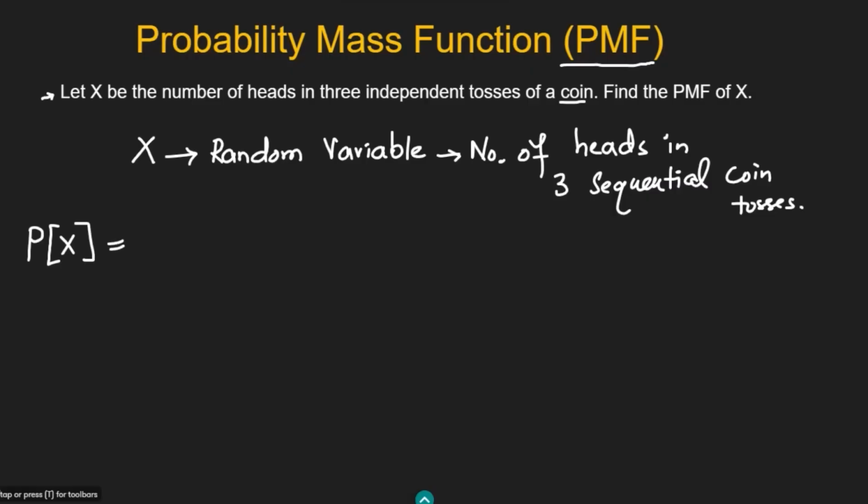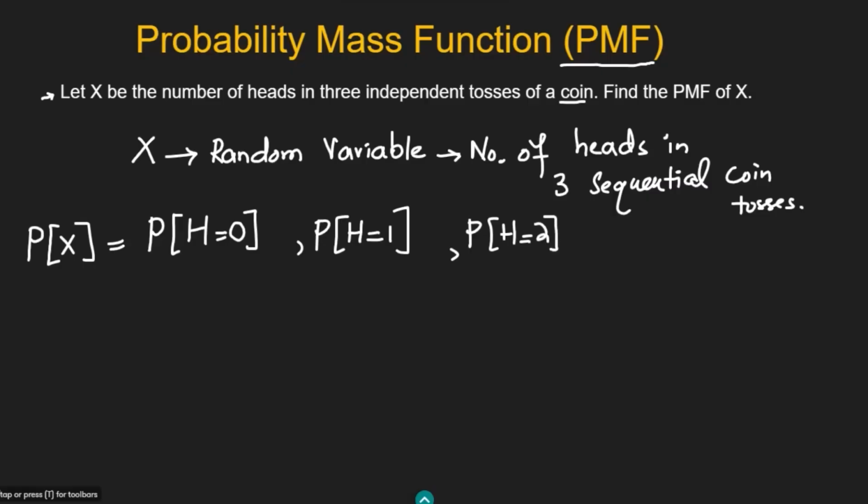The items I will have here would be: the probability that heads is equal to 0. Similarly the probability of heads equal to 1, the probability that heads is equal to 2, and the probability that heads is equal to 3.